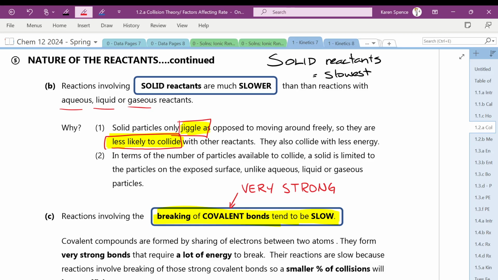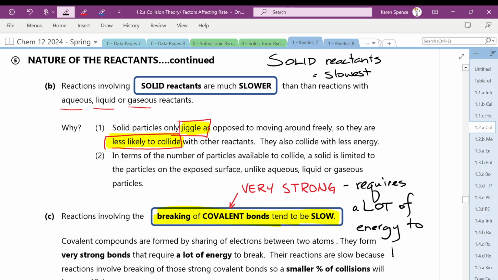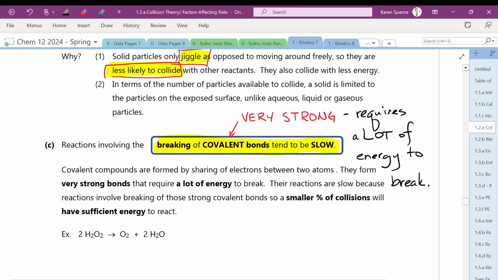It'll take a lot of energy to break. And therefore, the activation energy is very high.